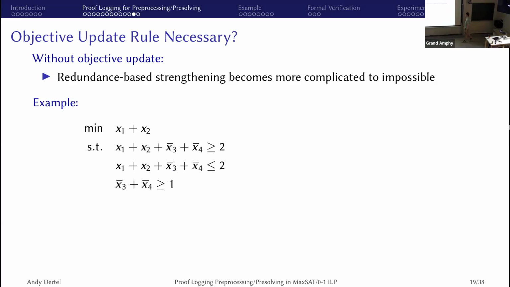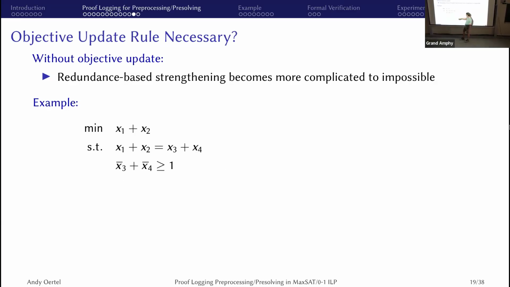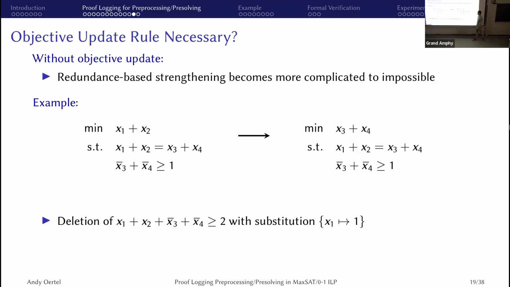So, for example, let me consider this optimization problem here. If we look closely, this is greater equal, less equal, so we could move x3 and x4 to the right-hand side and get an equality, x1 plus x2 is equal to x3 plus x4. So we could use this to update our objective to x3 plus x4.